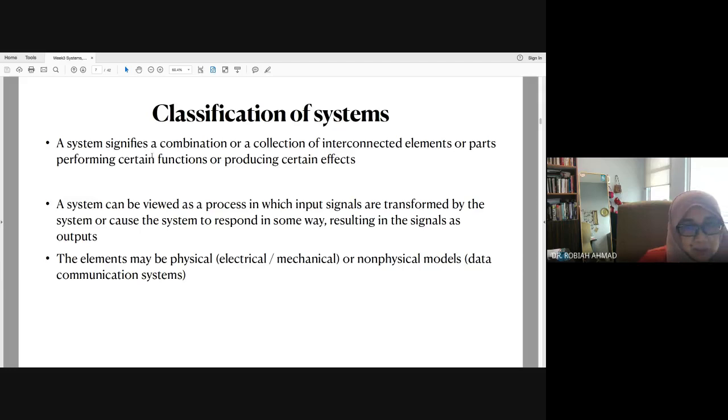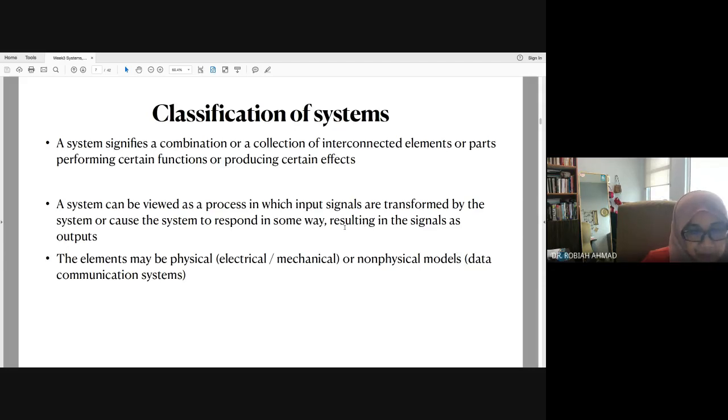So each component will function in a certain way or give certain effects. A system can be viewed as a process in which input signals are transformed by the system or cause the system to respond in some way, resulting in a signal as output.